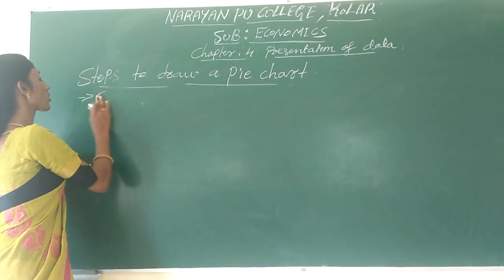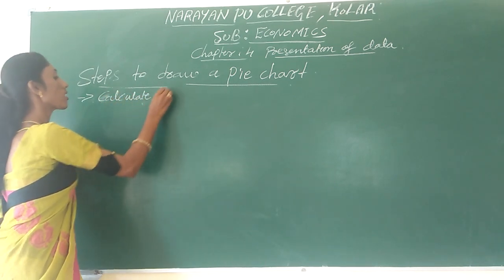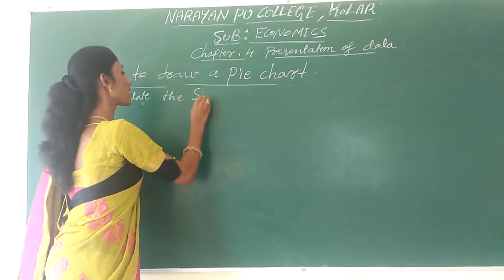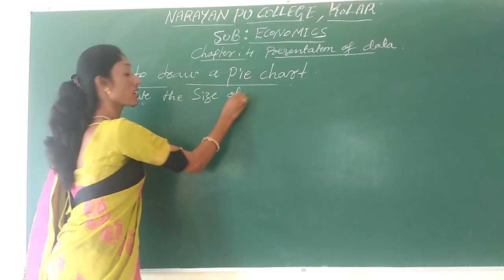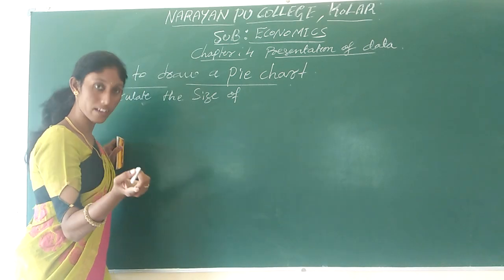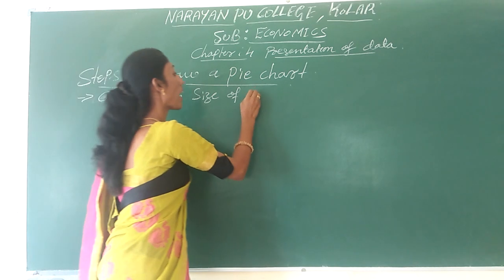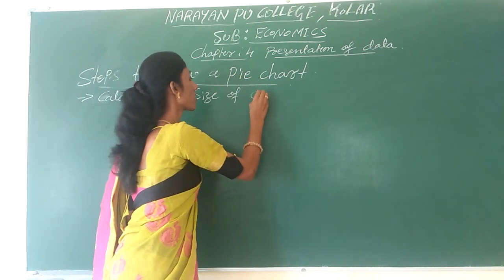First step is to calculate the size of the angle. Here, what I said, we need to convert data into angle size. Before that, we need to calculate the size of the angle or component.